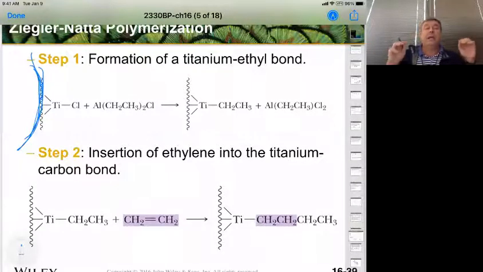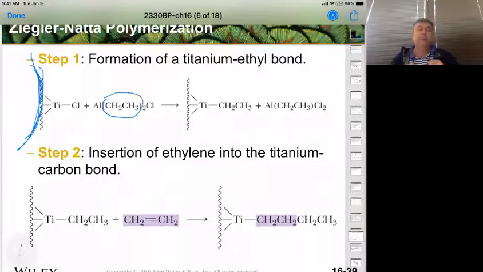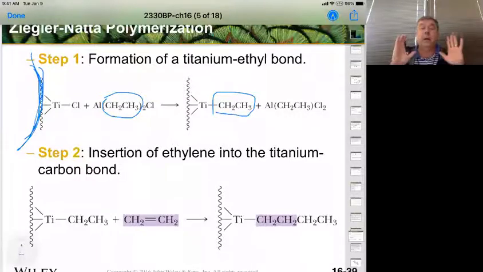Then we substitute the chlorine off with one of the groups on the alkyl aluminum complex, and that generates a first part of the chain. In fact, it makes the end of the polymer chain. Okay, so now our particle has been activated and we've started the polymerization.